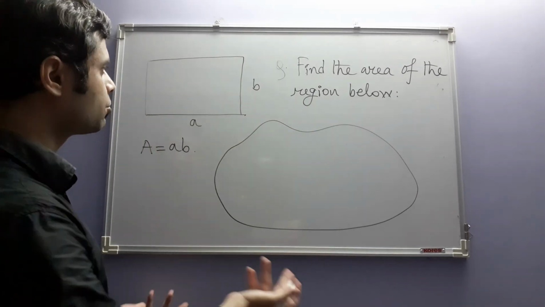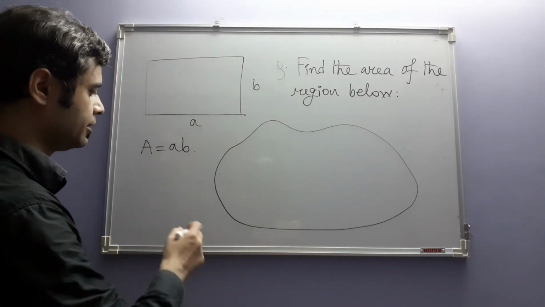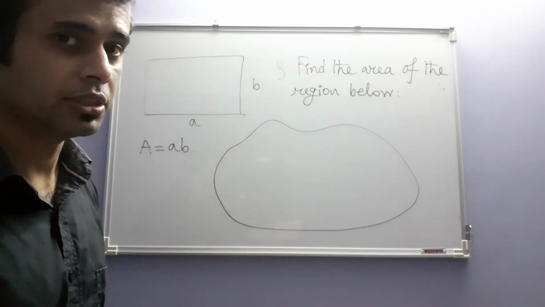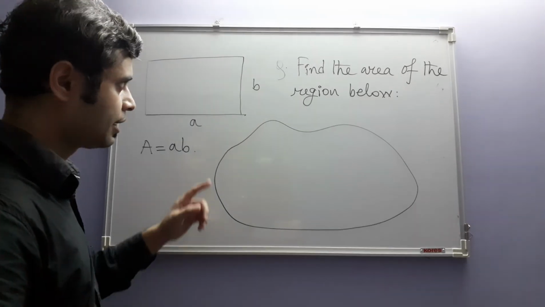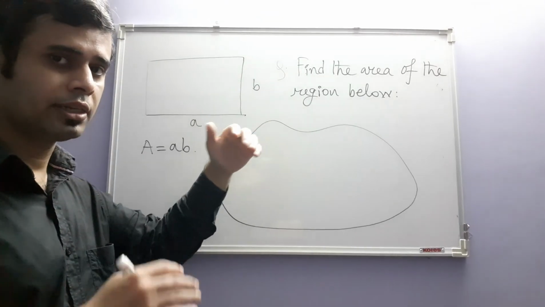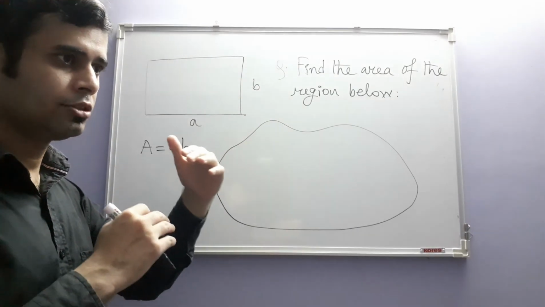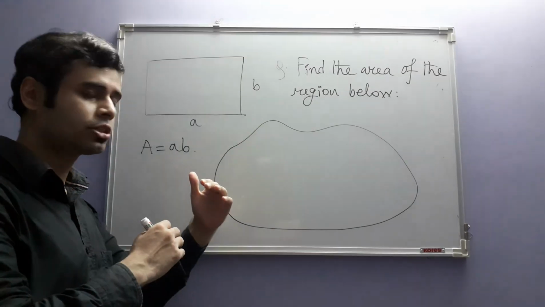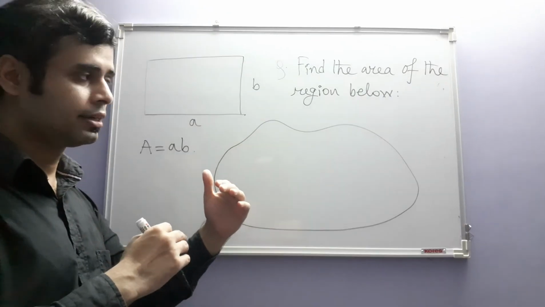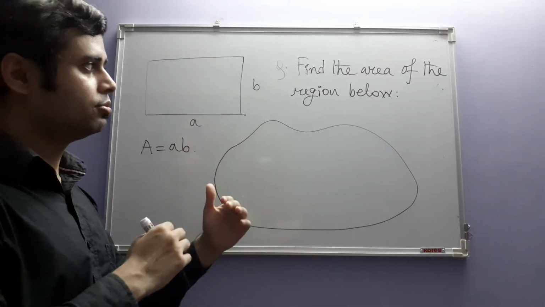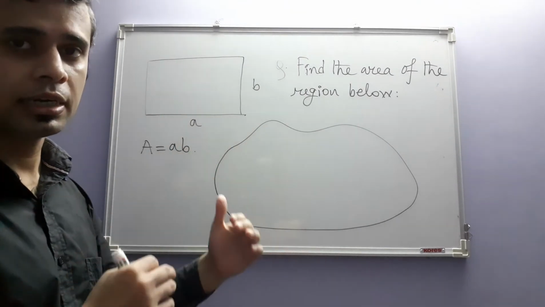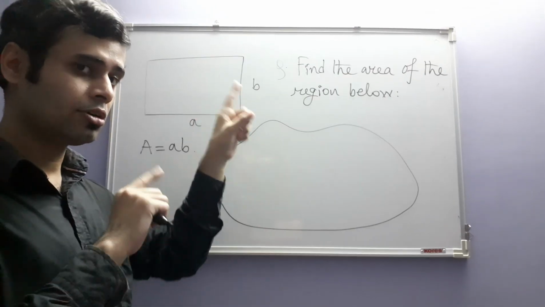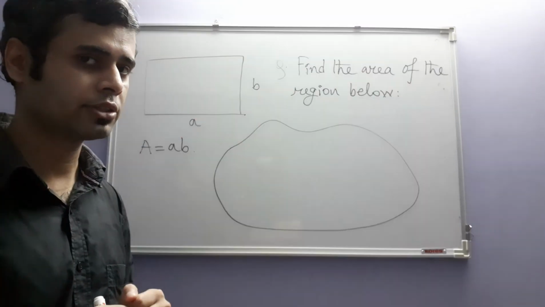Now there is no known formula for calculating the area of this at once. So what do we do in this situation? Unlike the previous problem where the job of the applied mathematician was easy, since he or she knows exactly that they need to use the theory of linear equations to solve that problem, here it's not that easy.